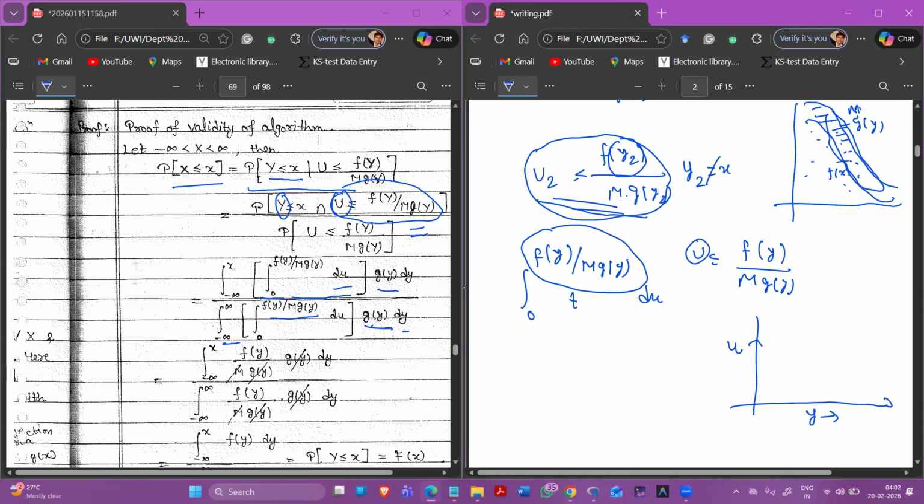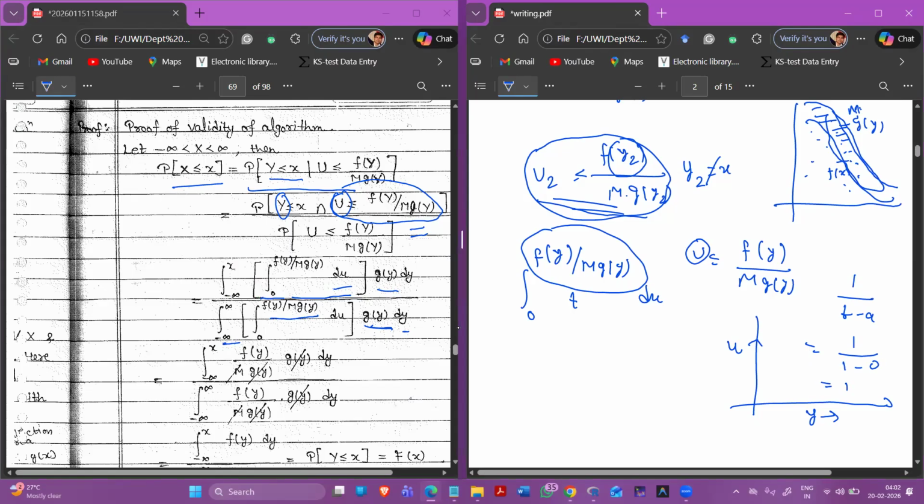What is the density of the uniform distribution over the range 0 to 1? Right, 1 upon b minus a, where b is 1 and a is 0, so that equals 1.